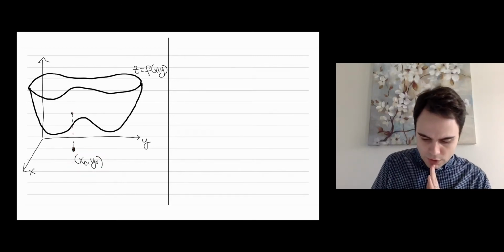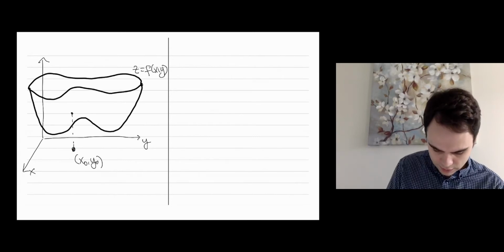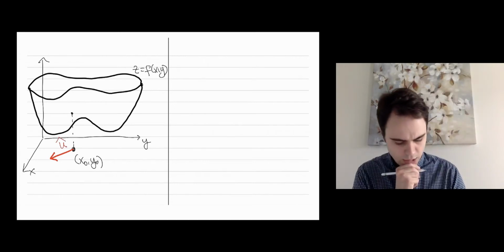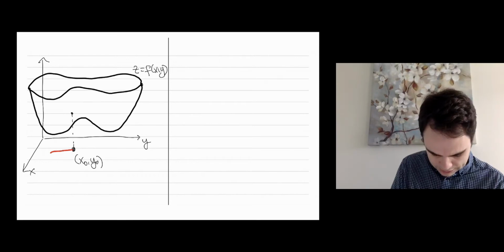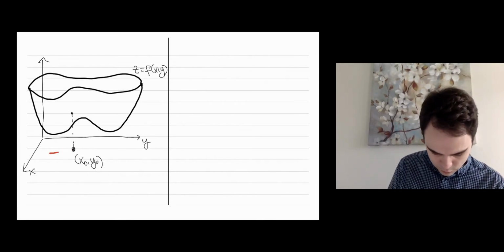Now, what I'm going to do is pick a direction, maybe this one here. I'll draw it thick. So u, and for the purposes of my picture, I should draw it slightly less slanted. Maybe this will be good.